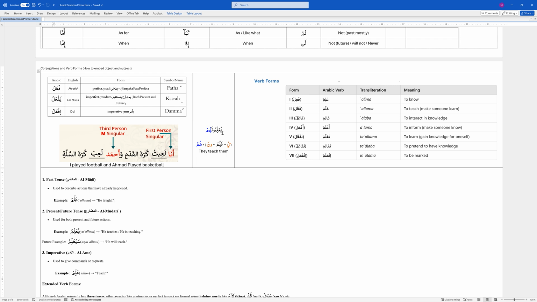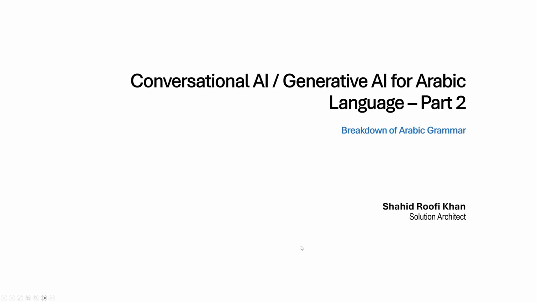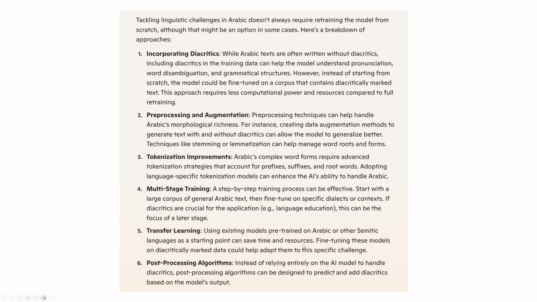So basically changes are needed to address these challenges when we are using these engines. In the next video, we are going to cover how to address these challenges, how to customize your base model so that your output makes more sense in the Arabic language.